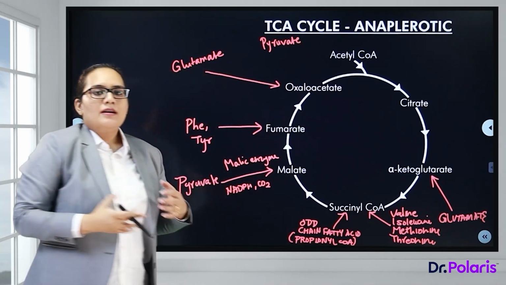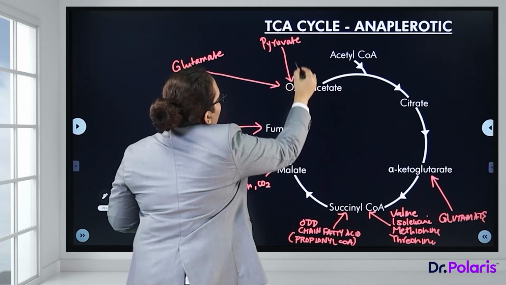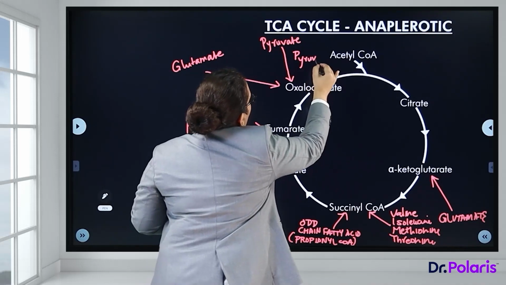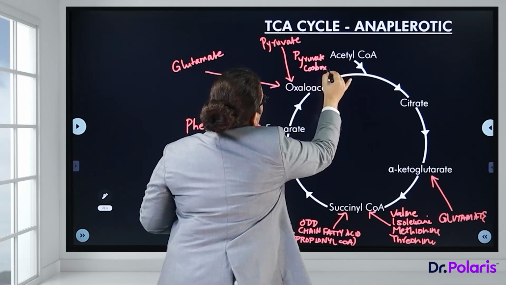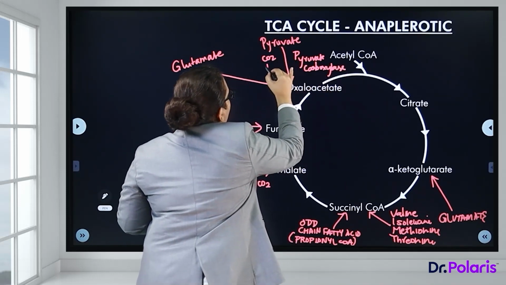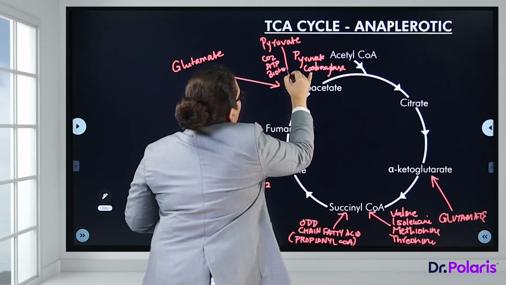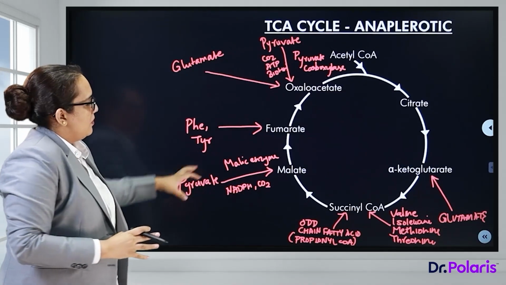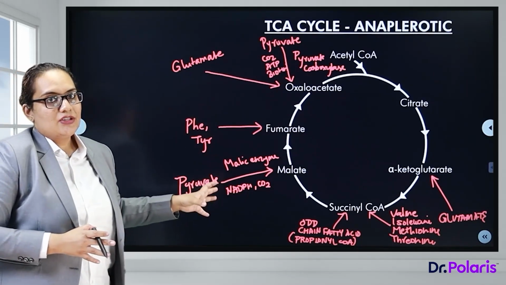Oxaloacetate can also be formed by the conversion of pyruvate, and this reaction is catalyzed by the enzyme pyruvate carboxylase, an important key enzyme in gluconeogenesis. Carbon dioxide, ATP and biotin are required. This is how all the intermediates are filled up by various reactions.